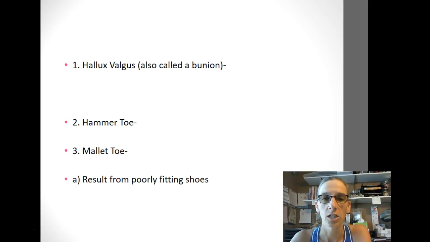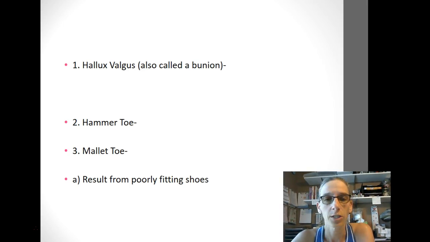Bunions are localized enlargements of bone and tissue on the sides and or top of the joint at either the base of the big toe or the smallest toe. So most often people think of bunions being primarily only on the big toe, but they can be on the small toe, and I do have that issue myself as well as my children with the bunion on the small toe.